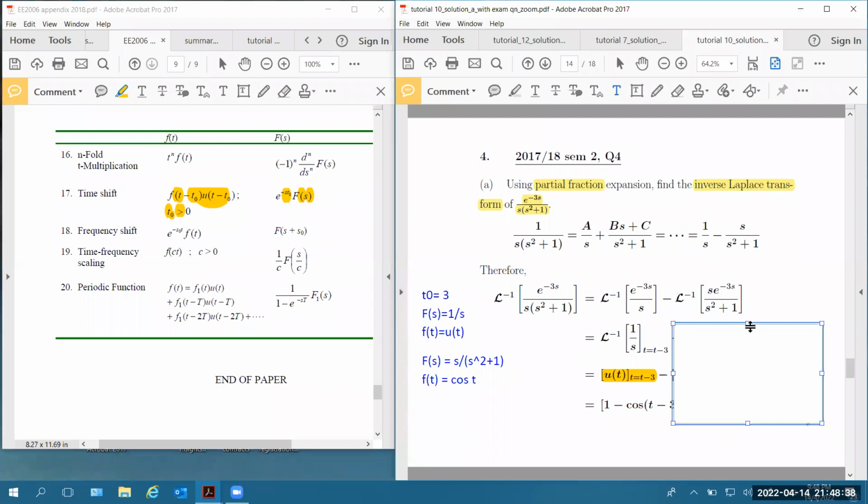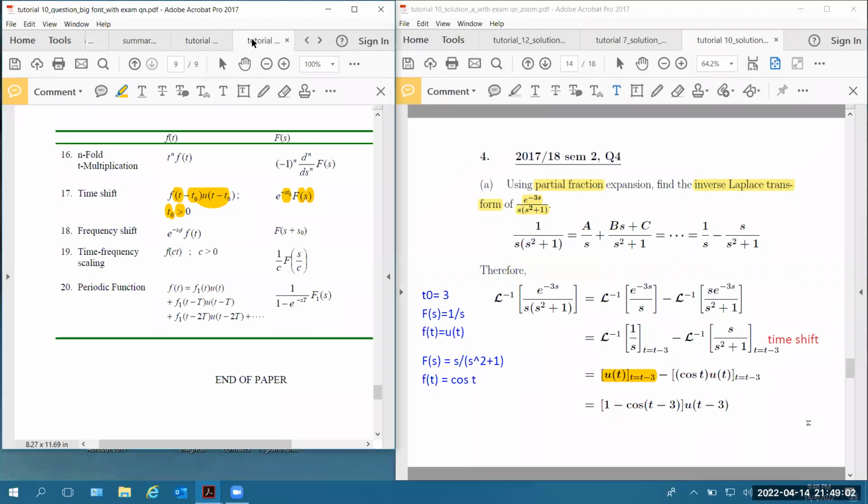So let's see whether this is like that. Yes, it is. So it is cosine(t minus 3) u(t minus 3). So you can just pull out the u(t minus 3). Okay, so any problem here? This one no problem, right?